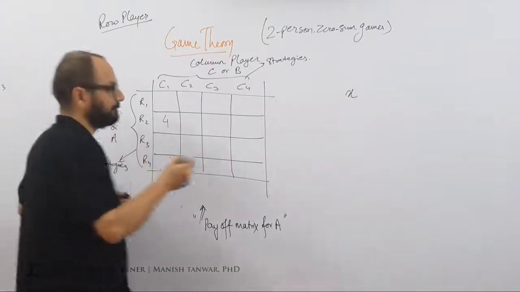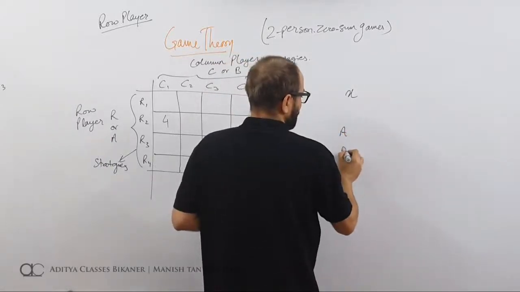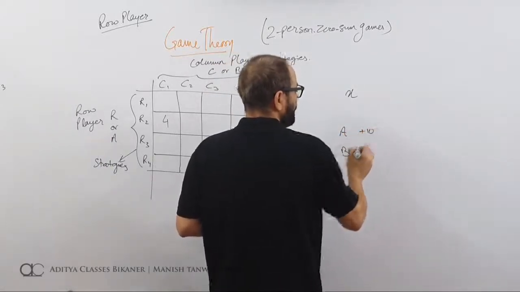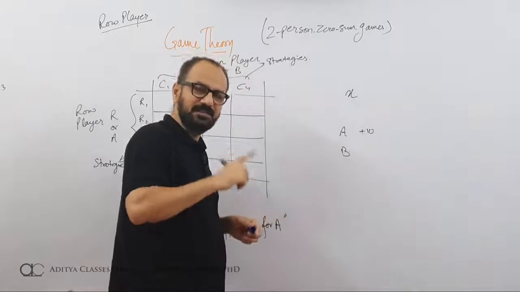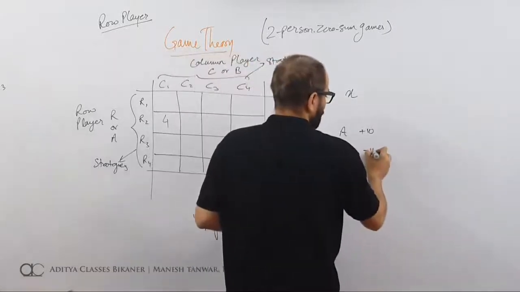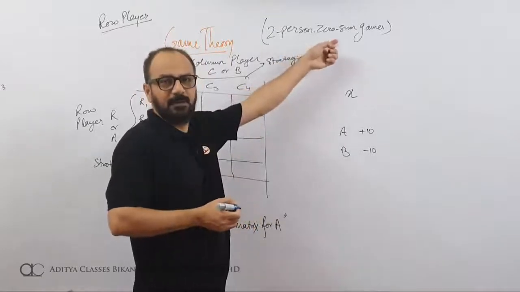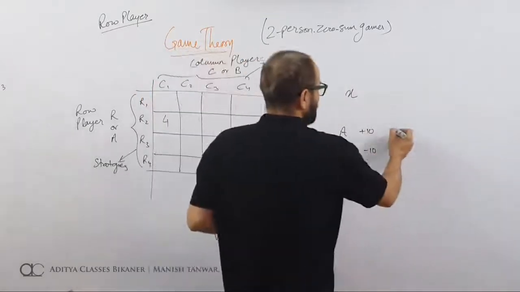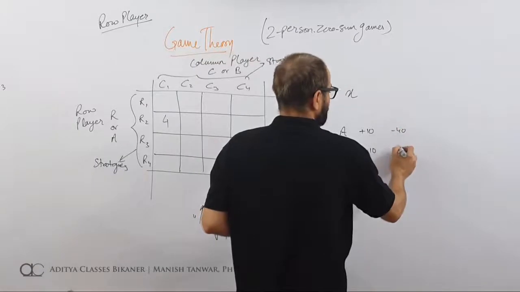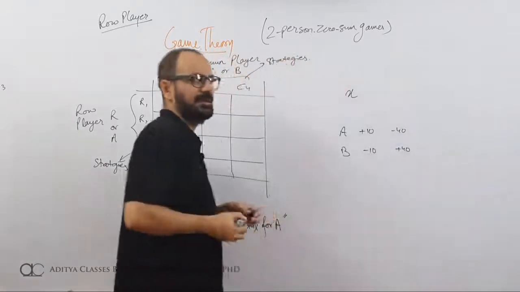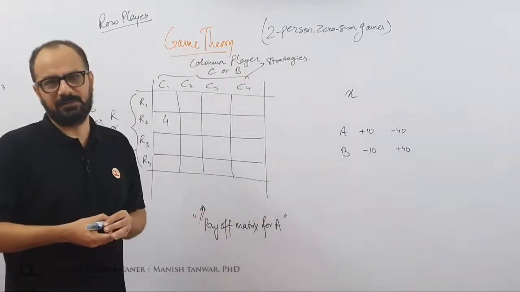Now, if I say in a 2-person zero-sum game that A has gained 10 units, it obviously means that B has lost 10 units, because it is a zero-sum game. If I tell you that A has lost 40 units, it obviously means that B has won those 40 units.